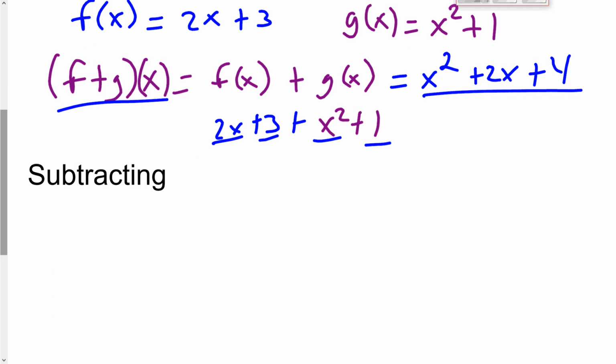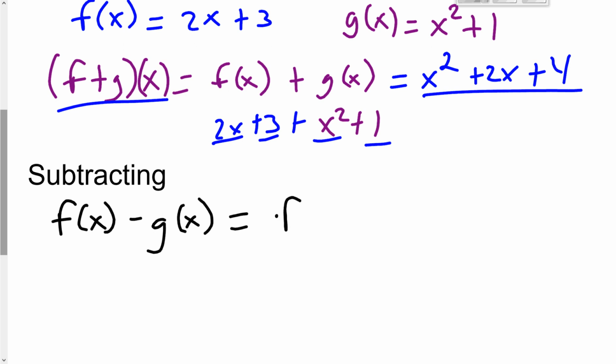Okay, so when we subtract two functions, this is the one that's a little bit trickier. When I want to subtract two functions, f of x minus g of x, same thing as writing f minus g of x.